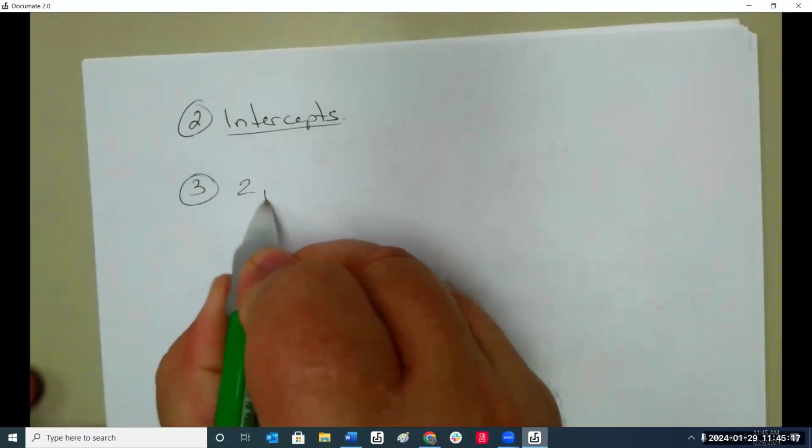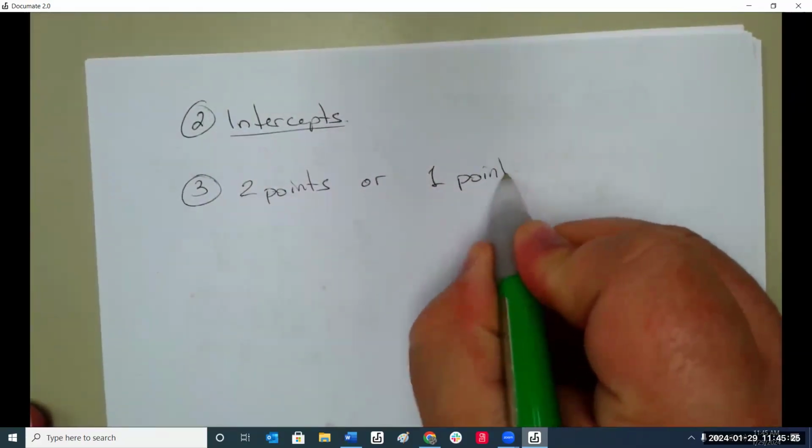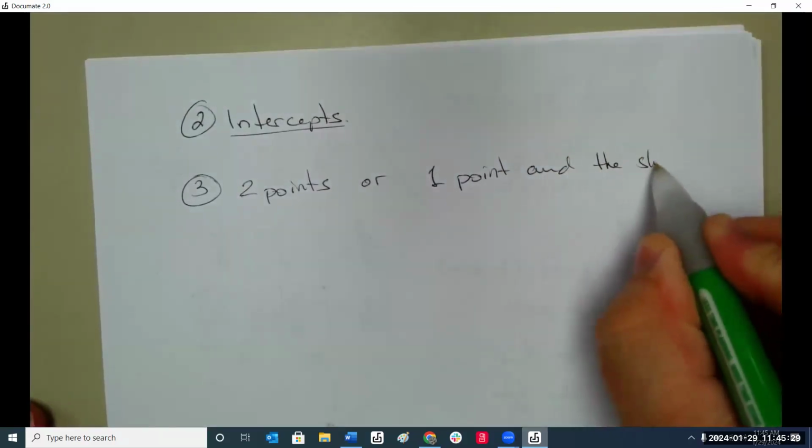You all took algebra before. What do you need to have to find a graph? You need 2 points, or what? Or 1 point and the slope.